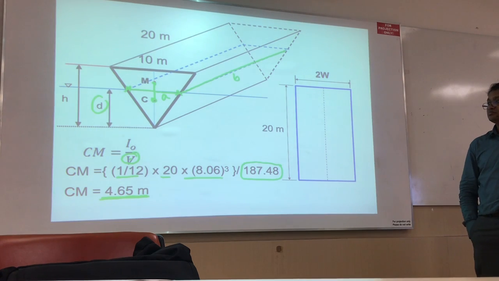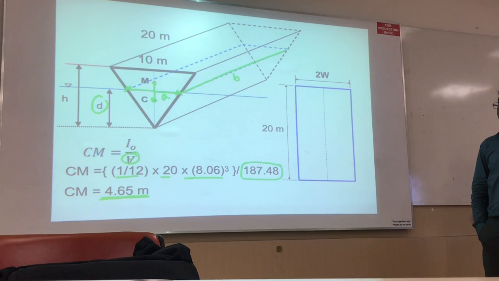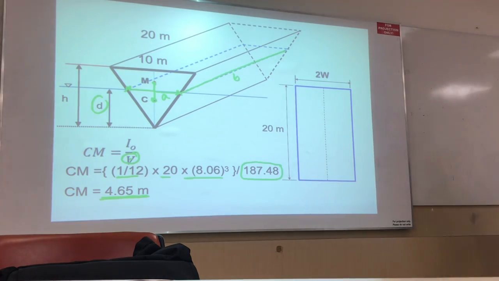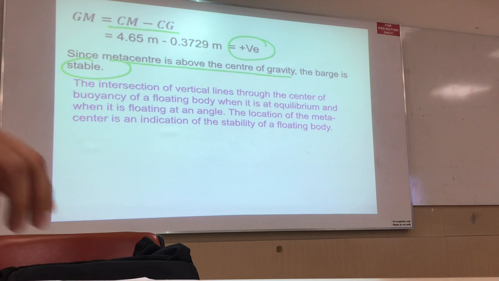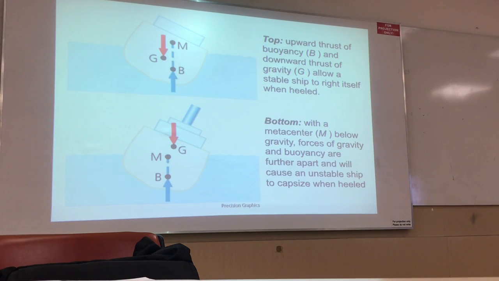Yes. Okay? So now you understand the system is stable. I show here GM, CM minus CG, this is a positive number. So the metacenter is above the center of gravity, so very stable.